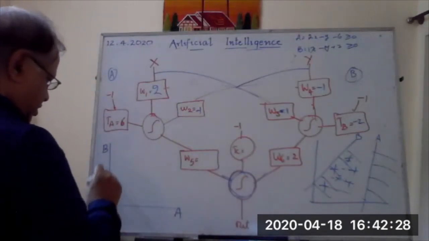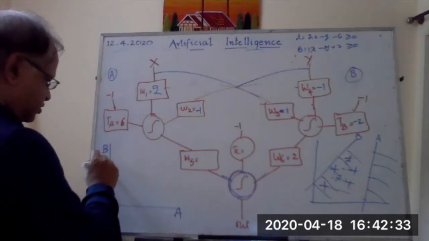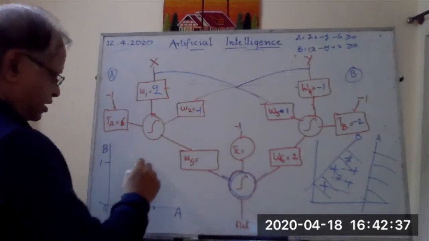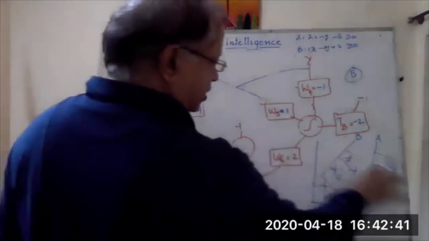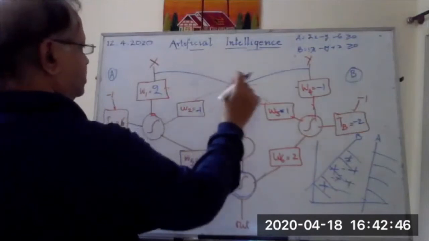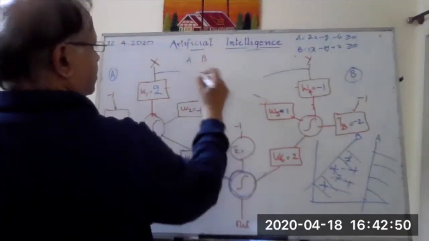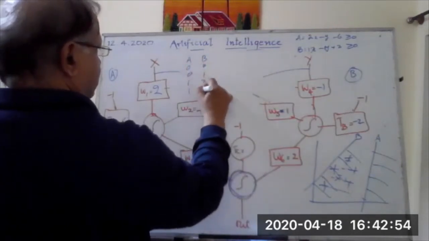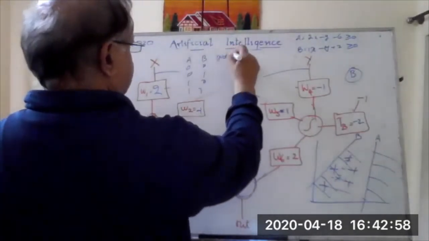You remember we did this AND thing, right? That which falls over here, that which falls over here, and the one thing which we need to consider is the intersection. That means not A and B. So the truth table to this is A, B: 0 0, 0 1, 1 0, 1 1, and not A, right?